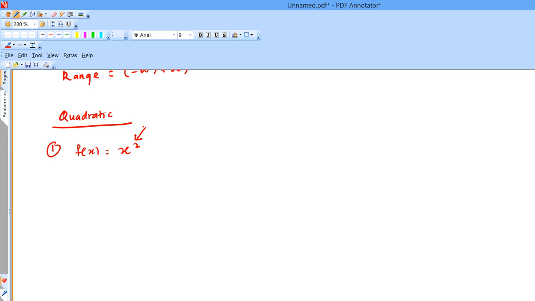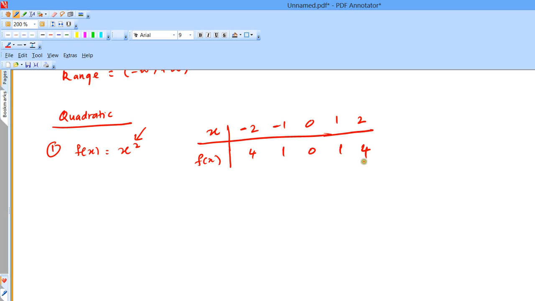We can put negative, 0, or positive, and then see what the range, the outcome or output, is. If we put -2, -1, 0, 1, 2, f(x) will become, since we have a square, positive: 4, 1, 0, 1, 4. So we can see that the output will be positive and start from 0.